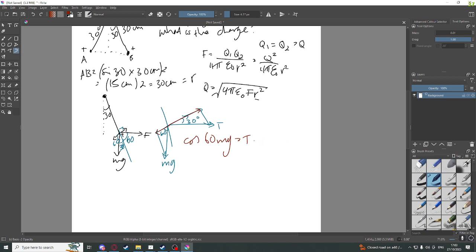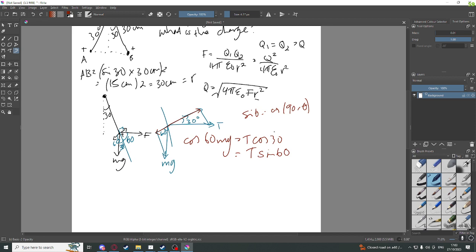T cos 30. Yep. And let me just write cos 30 as sine 60, because sine theta is equal to cos of 90 minus theta.